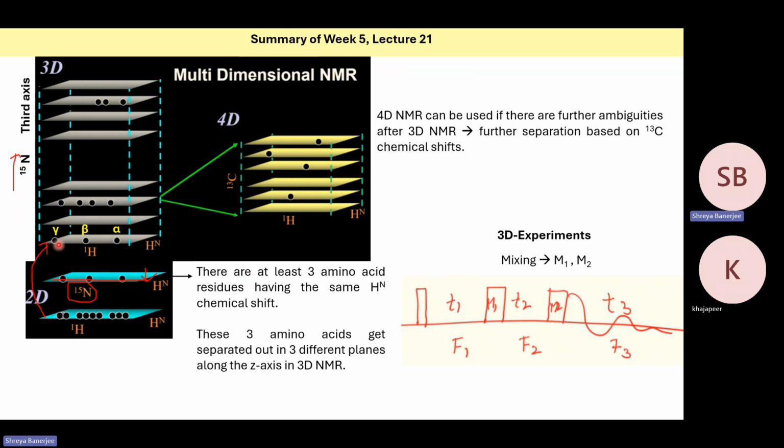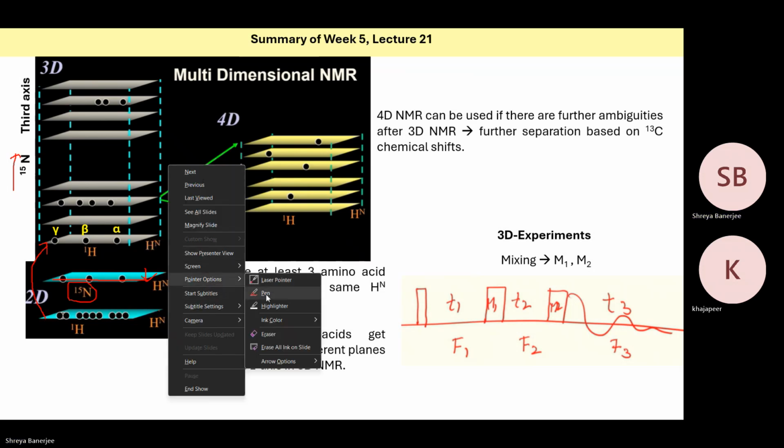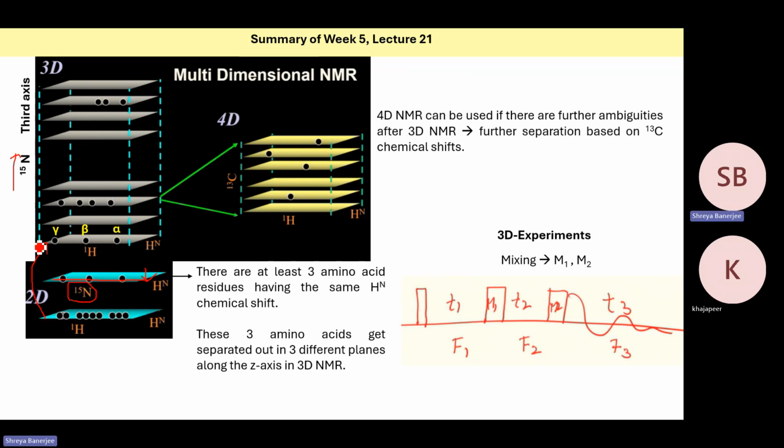Now what the 3D spectra will do is that it will separate out the 3 different amino acids. The third axis I already told you is 15N. So the 15N chemical shift of the 3 amino acids will be different. Say for amino acid 1 it is here, for amino acid 2 it is here, and for amino acid 3 it is here.